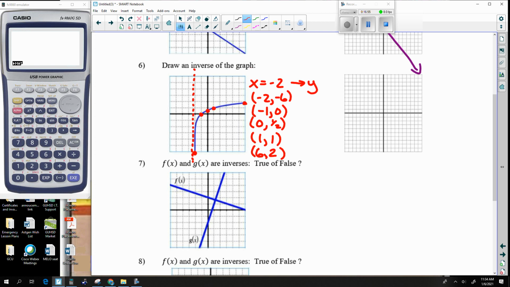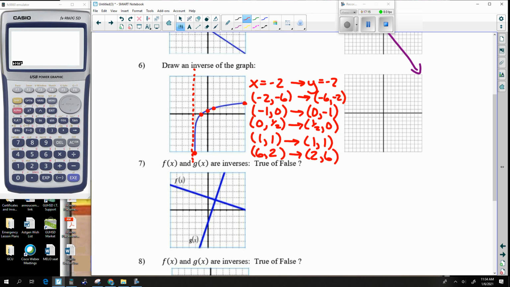So that means I'll have (-2, -6), (-2, 0), (-1, 1/2), (0, 1), (1, 1), and a little bit shy of 2, 6.